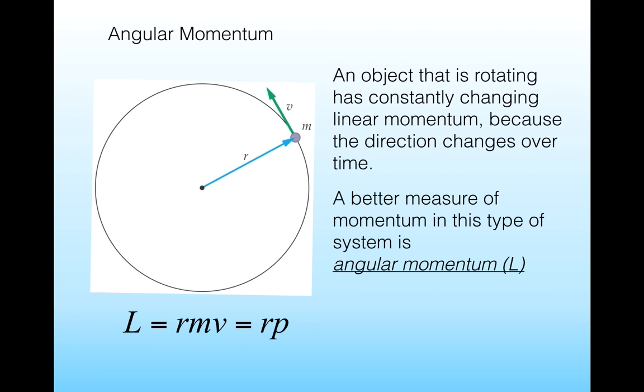We could measure that momentum over time, but that momentum is constantly changing because it's moving around in a circle, and it's not really giving us that much information. So instead, what we can do is talk about the angular momentum L. And the angular momentum L is just r times mv. If you have a particle of mass m moving with a tangent velocity of v, it is basically equal to r times the linear momentum.